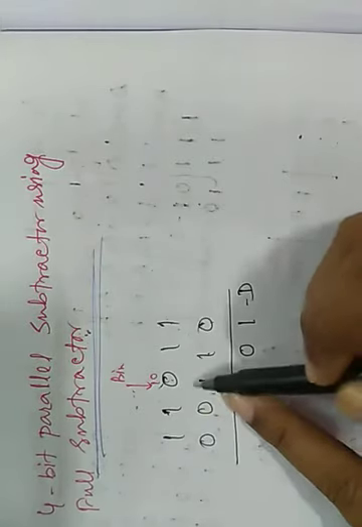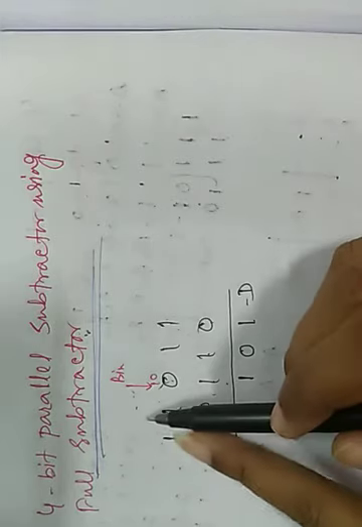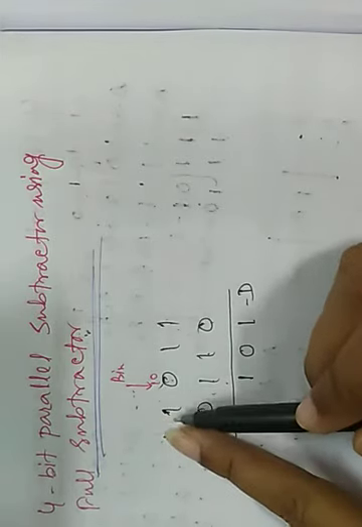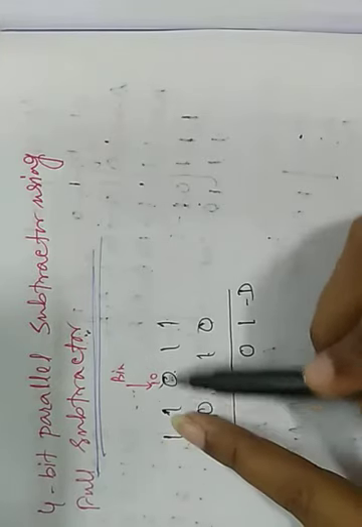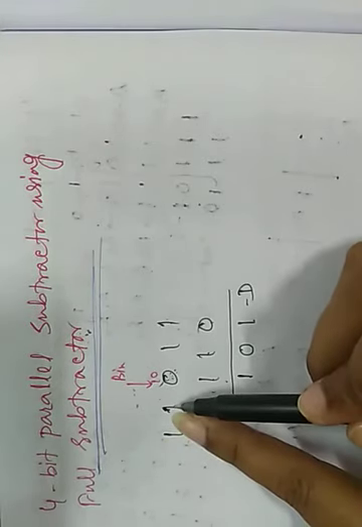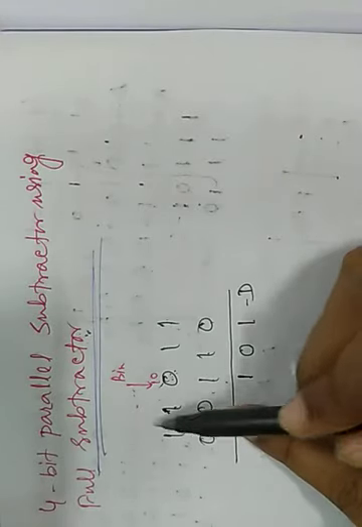borrow in must be either, I have already cleared this concept, that if we take one number from its previous number in subtraction, that is borrow, then either this number must be subtracted from the upper digits or must be added in the lower digits.